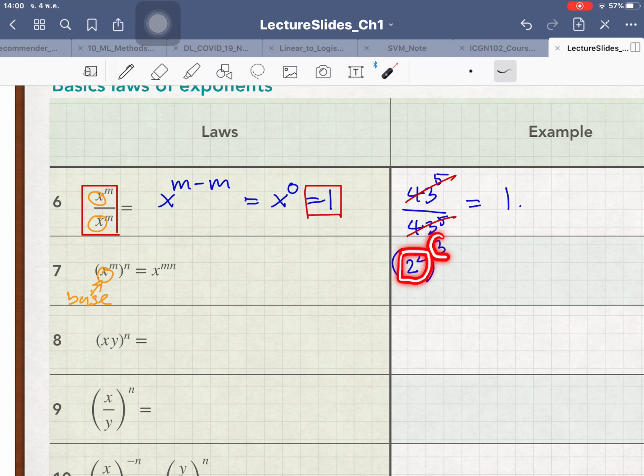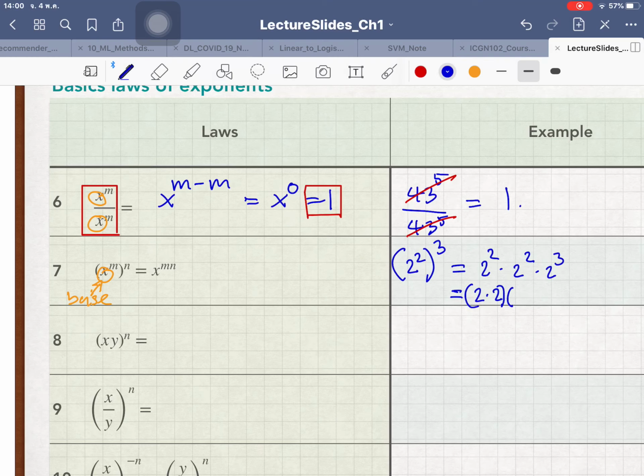So it means that you have 3 terms of 2 square: 1 term, 2 terms, and then 3 terms of 2 square. And 2 square, you're going to get 2 times 2. The next term again, 2 square, you still have 2 times 2. The last term as well, you also have 2 times 2.